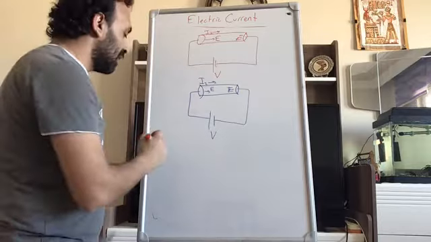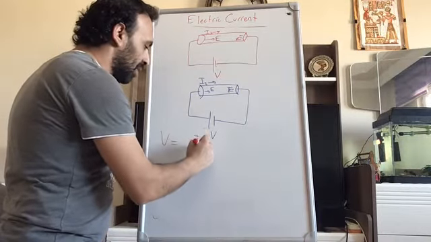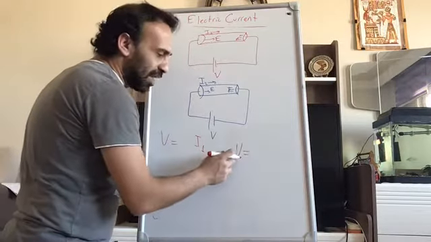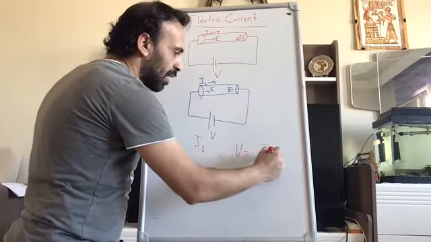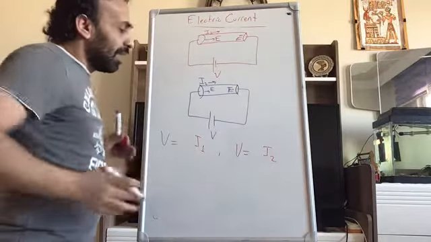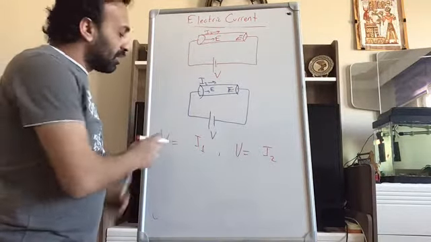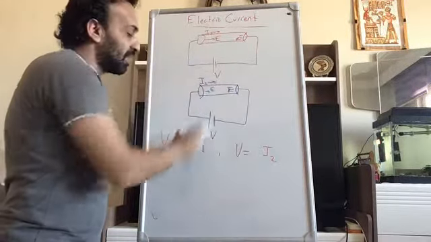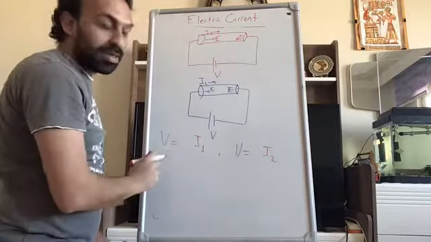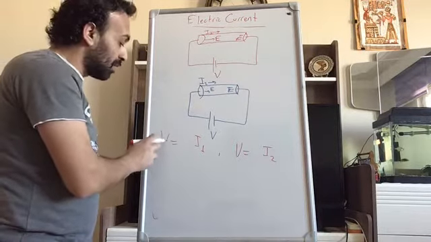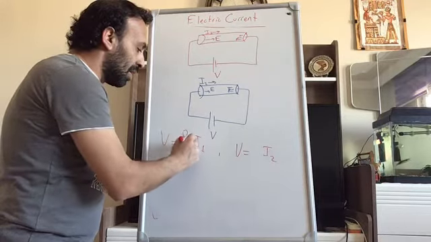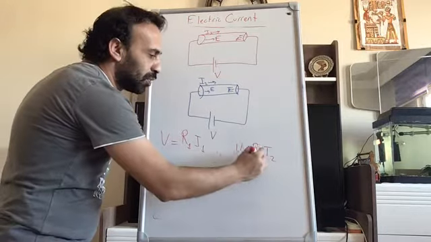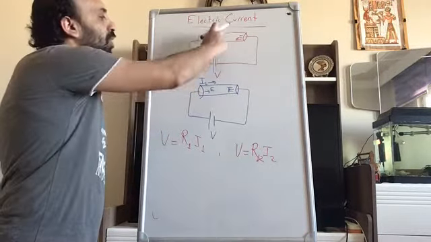Now, if I define a linear relation between the electric potential difference and I1, and between the same electric potential difference and I2, we can define a linear relation between the electric potential and the electric current. But when I change the materials, I am seeing different currents corresponding to the same electric potential. So I can put some proportionality constants, R1 and R2. That R1 and R2 differ from one material to another.